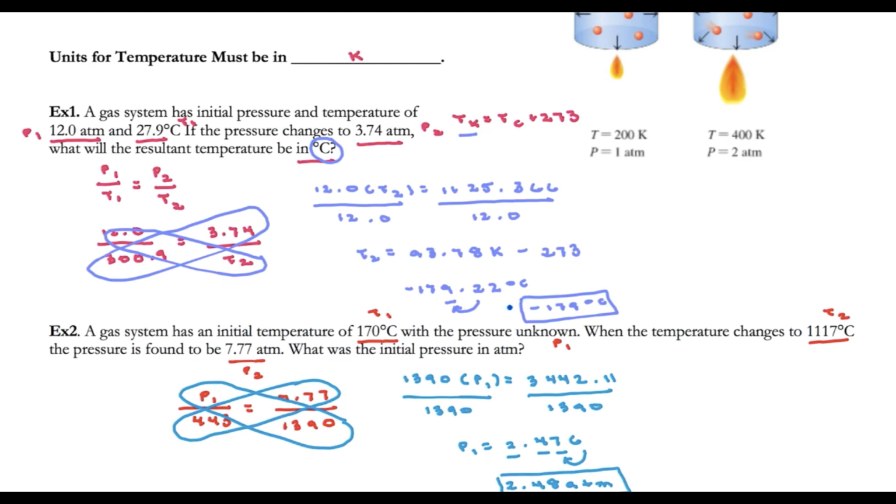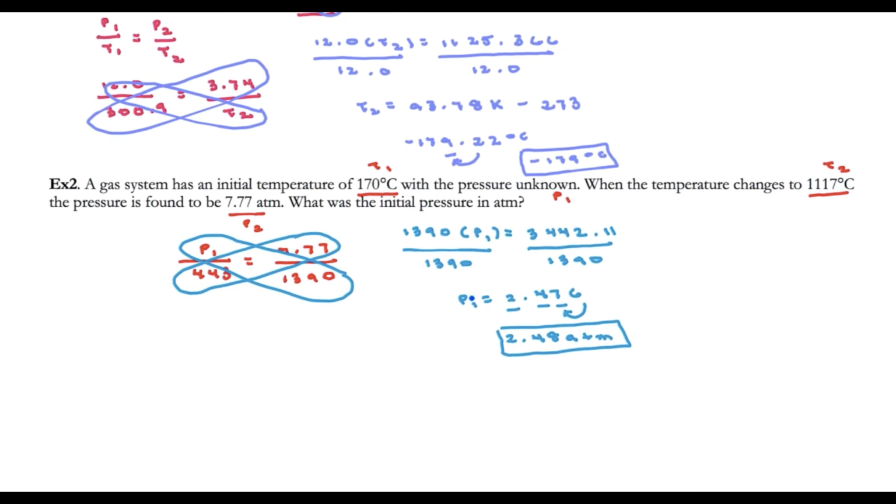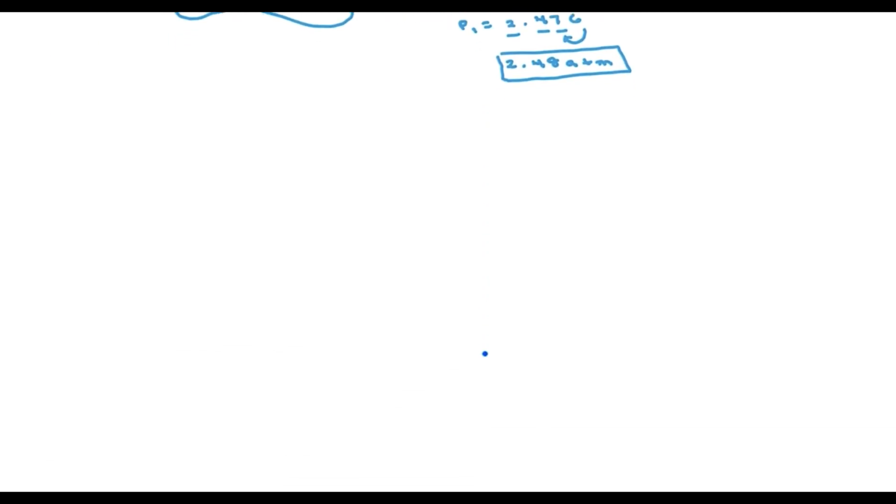So my temperature is decreasing, which is what I would expect. For the next example, notice I'm increasing temperature, going from 443 to 1,900. So my initial pressure should be lower than 7.77. And it is, it's 2.48. So that's a nice, easy way to be able to check your math.